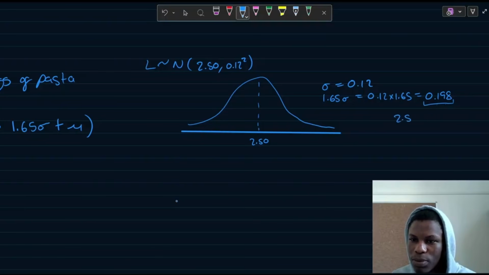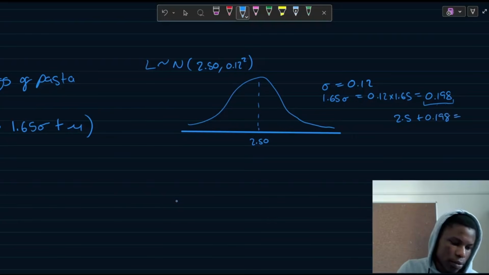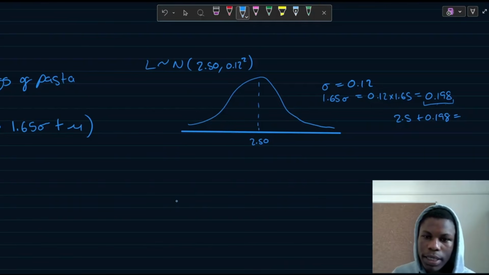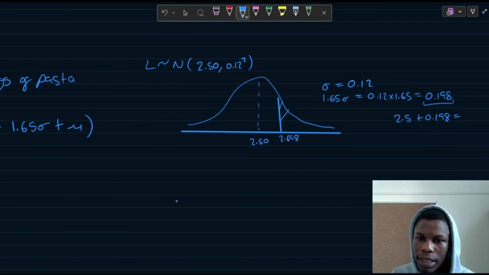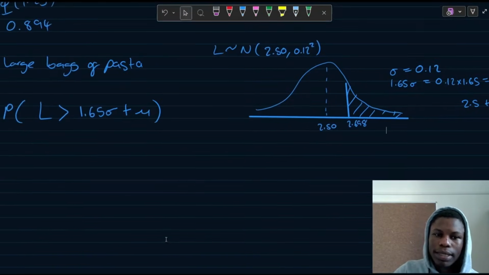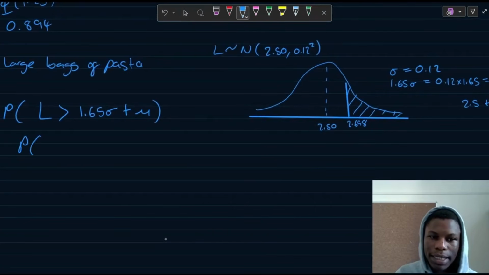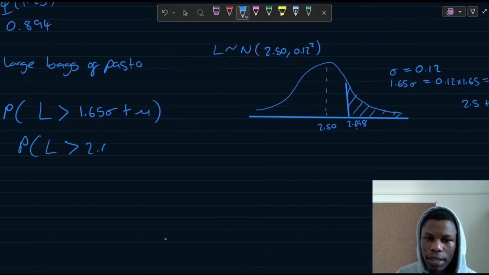So that becomes 2.5 plus the 0.198, which is 2.698. So it would be maybe somewhere here, 2.698. And we're interested in the area to the right. So we can write this as the probability that L is greater than that 2.698 figure.